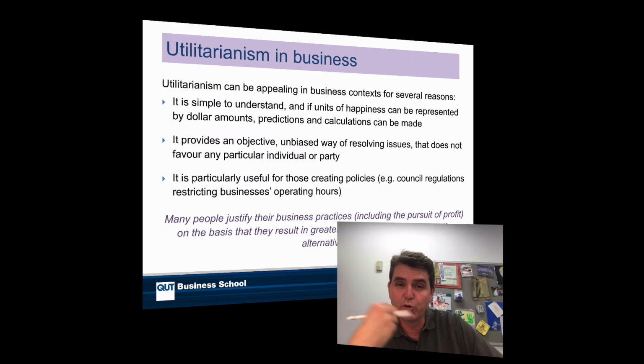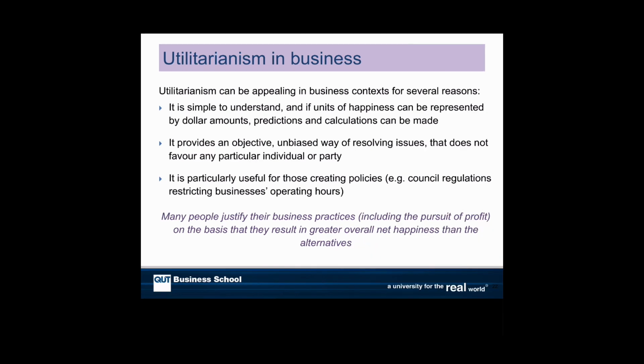So as I was saying before, in terms of business cases, this is a theory that's often used in business, and there are several reasons why. Let's have a look at them. The first one is it's simple to understand. It's pretty easy to understand what's going on here and justify a decision, particularly if we start trading happiness for dollars and making dollar calculations around the impact of actions. It looks objective and unbiased.